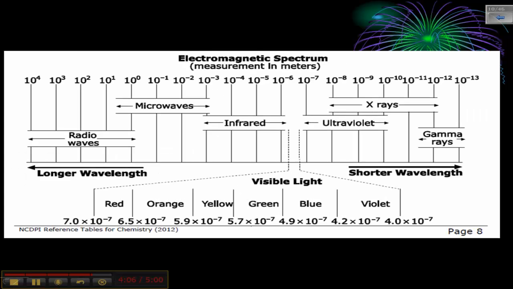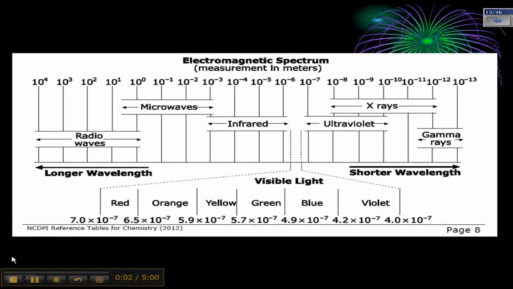Now, if we look at the bottom of your reference packet, there's the electromagnetic spectrum. Covers the whole gamut, okay, all of the ways that we know about. So we talked about this in the previous video, where our longer wavelengths are down here on the left. They have low frequency, low energy. Your shorter wavelengths are over here on the right. They have high energy and high frequency.